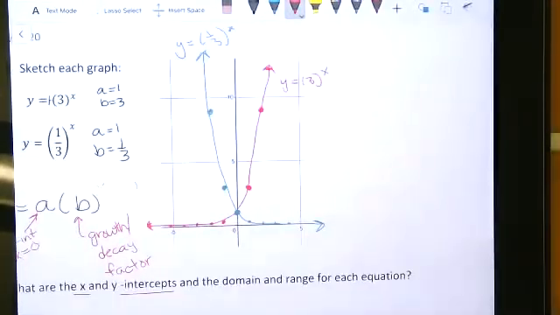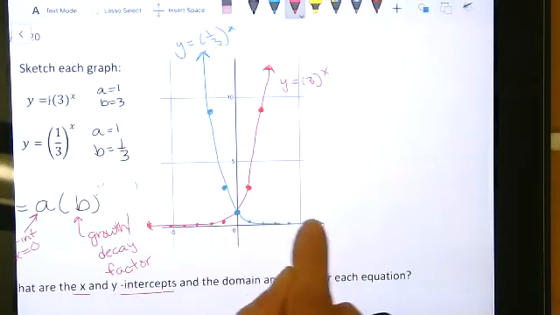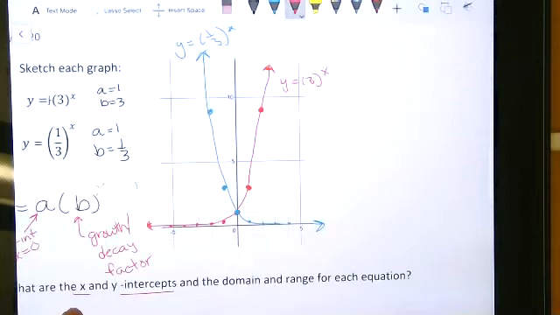x-intercepts. So looking at my graphs, where do these graphs cross the x-axis? Here's the x-axis down here. So where do these graphs cross the x-axis? It is kind of a trick question. So where are our x-intercepts? Okay.